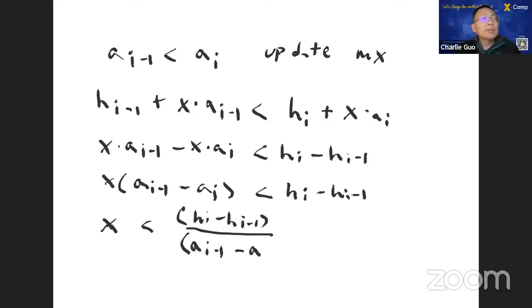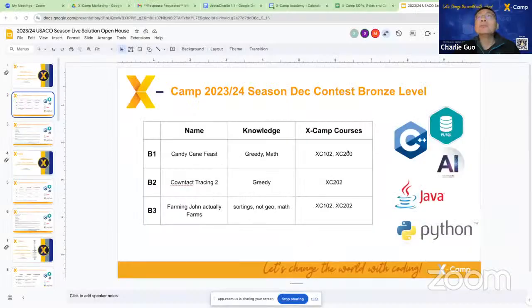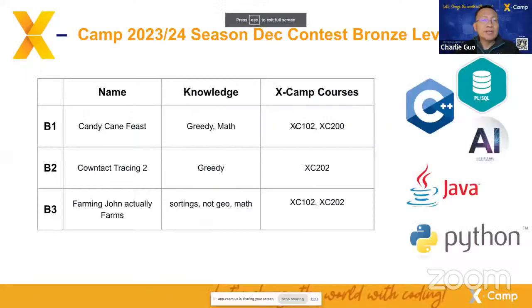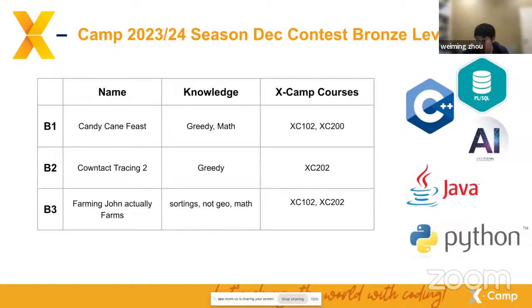Okay, thank you, Wei-Ming. Here we have a summary page I just put into a slide, so it's easier for the students to capture. Maybe how about you give the summary here? Just summarize these three problems. Wei-Ming, can you see my screen? Yeah. Okay, just a quick summary about these problems, the knowledge used, especially the correspondence to the courses in XCamp.